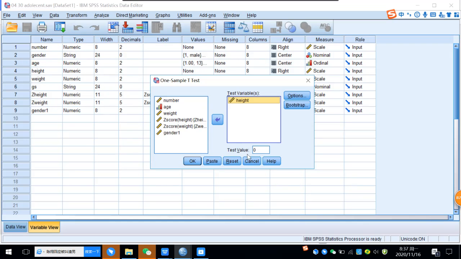And the test value is 160 because the hypothesis is that the mean height has no significant difference from 160. So here the test value is 160. Okay, that's step 2. It's important to input the test value 160.